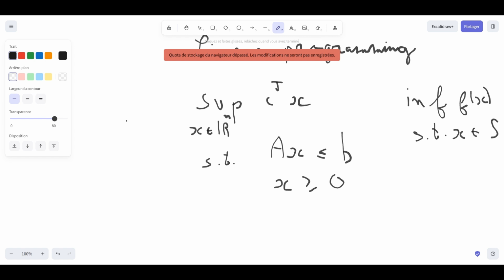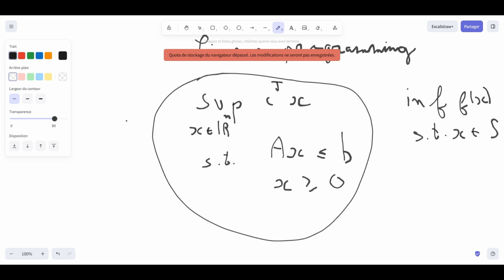And so here you see, in this linear programming family, which is the first family we're studying, f(x) is just c transpose x.